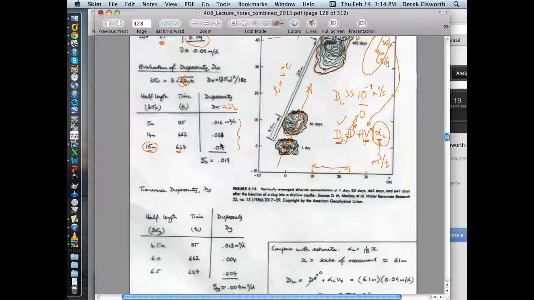We might expect this to be a larger value, for reasons that we'll talk about now. But we've made the point that this is not necessarily a property which is a function of the aquifer. Actually, these data are kind of inconclusive, right?